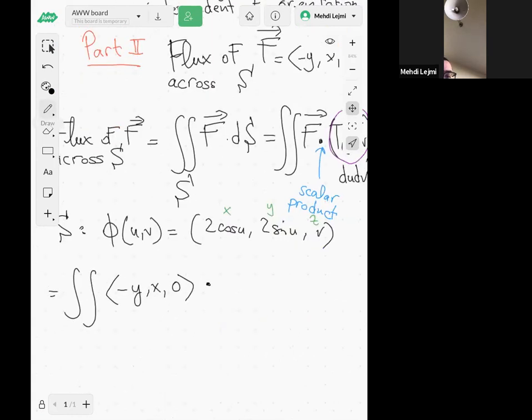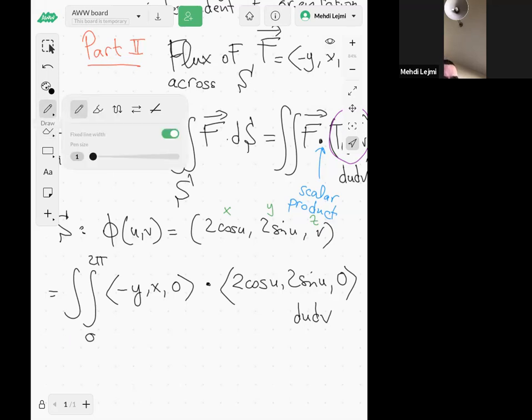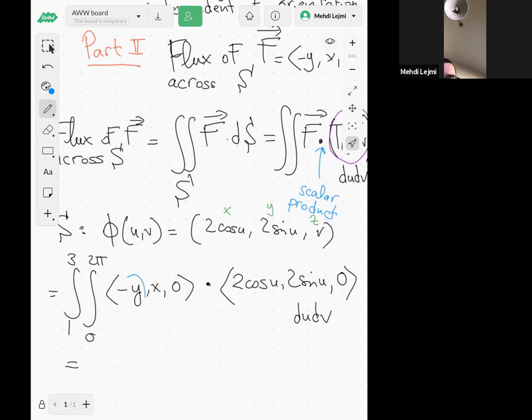So du dv, u between 0 and 2 pi, v between 1 and 3. Now you have to replace this y here. y is equal to 2 sine of u. This x here is equal to 2 cosine of u, right?